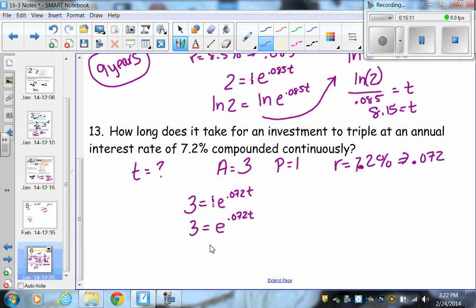Again, it's in exponential form and I can't go any further, so I'm going to go to the log form. I'm going to take the natural log, since I'm dealing with e, of both sides.